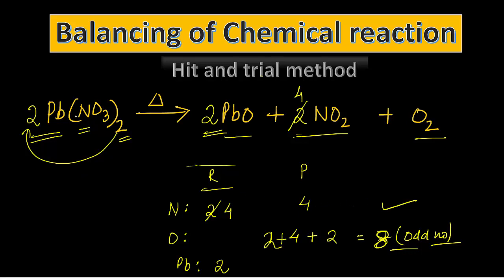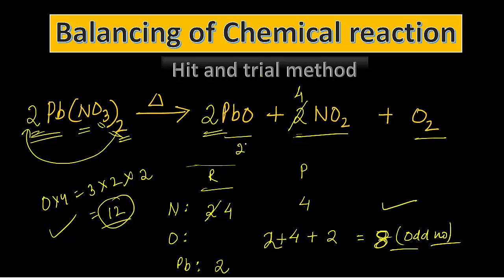So what is the number of oxygen atom here? Okay, this 3 into this 2 into this 2. Okay, so this is 12. 12 number of oxygen atom is present at the reactant. And what is the number of oxygen atom present in the product? From here we will get 2, and from here 4 into 2 is 8, and from here only 2.